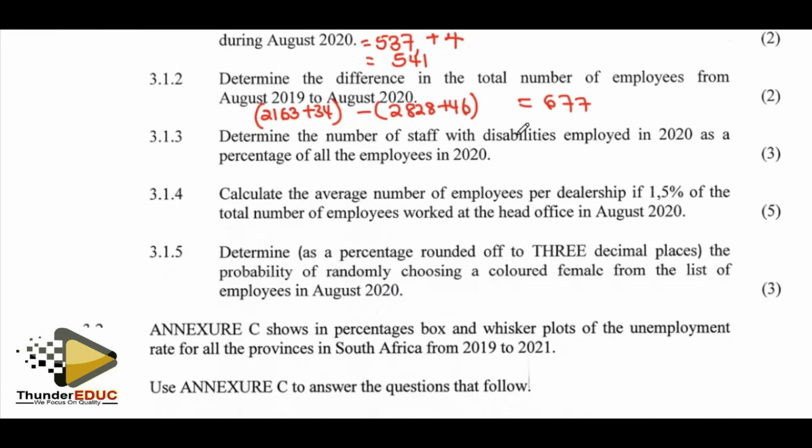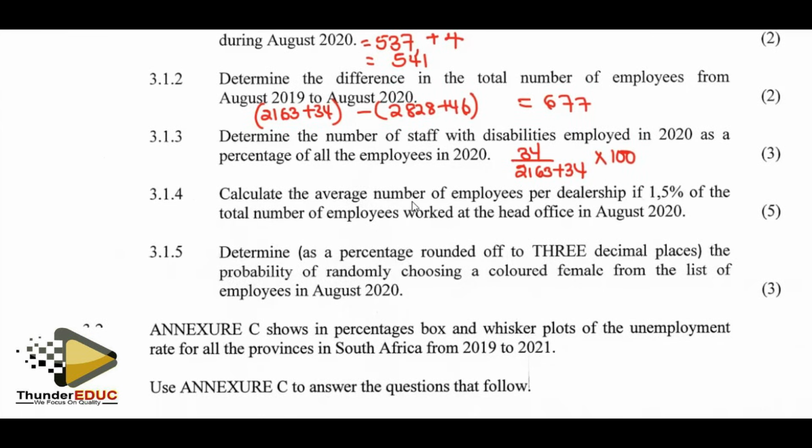Determine the number of staff with disabled employees in 2020 as a percentage of employees. You will see that there are 34 over the total, plus 34, times 100.